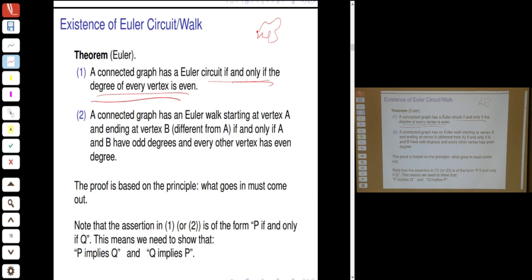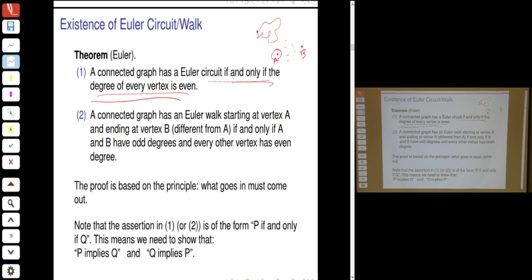If you want an Euler walk, so you start at a vertex A and end at a different vertex B and traverse every edge of the graph exactly once, this is possible if and only if every vertex of the graph other than the starting point and the ending point has even degree, just like in the case of a closed Euler circuit.